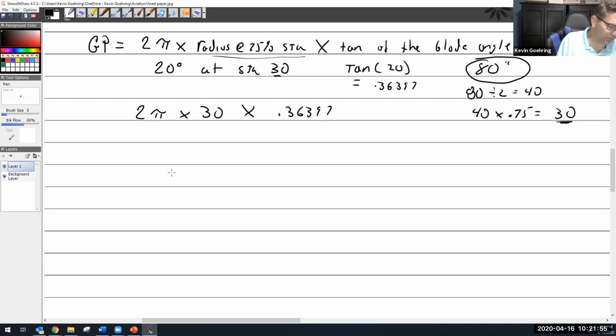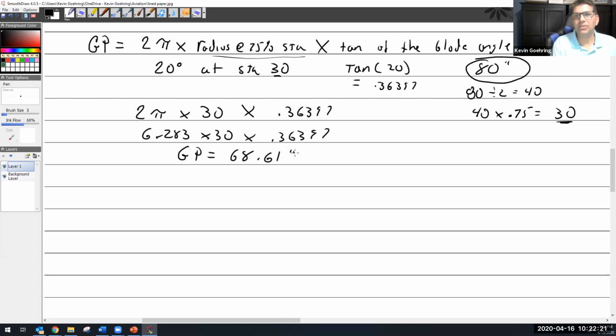So geometric pitch is 2 times pi, which is 6.283, times 30 times 0.36397. And I do that. So the geometric pitch equals 68.61 inches. There we go.